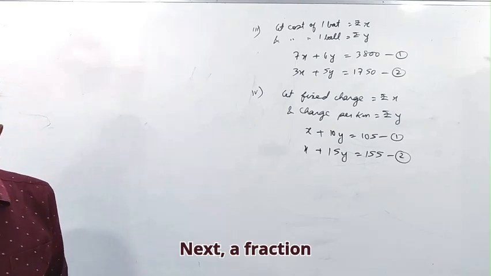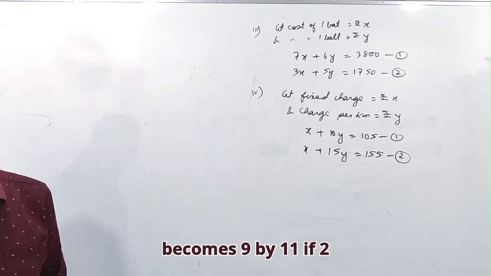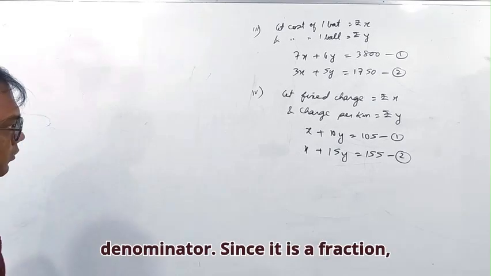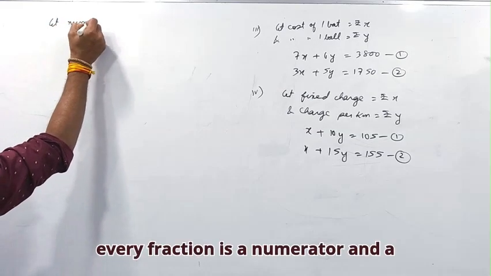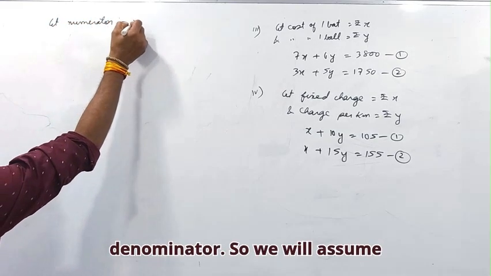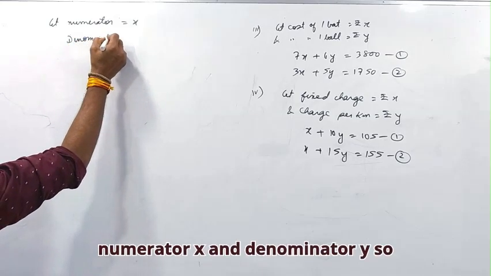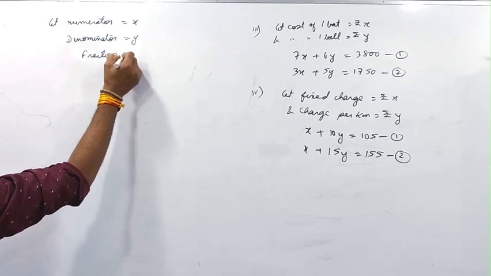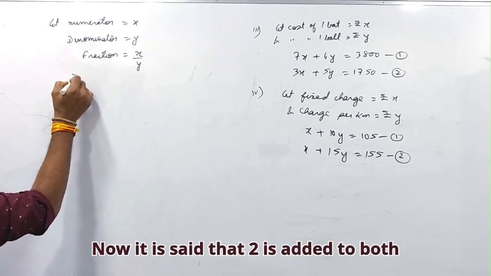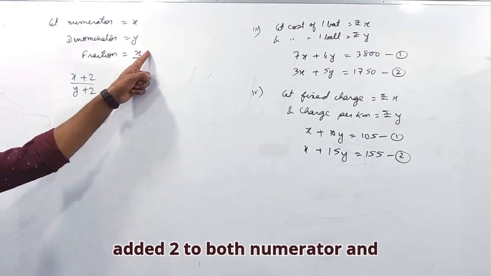Next, a fraction becomes 9 by 11 if 2 is added to both numerator and denominator. Since it is a fraction, every fraction has a numerator and a denominator. So we'll assume numerator x and denominator y. Now it is said that 2 is added to both numerator and denominator, so I have added 2 to both.